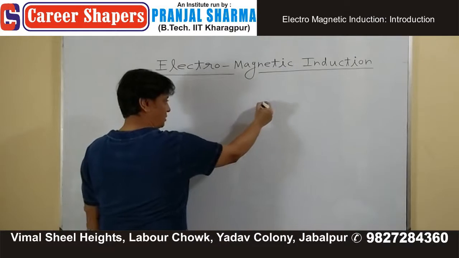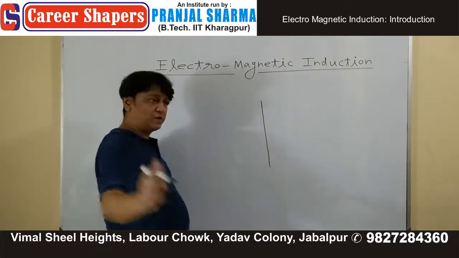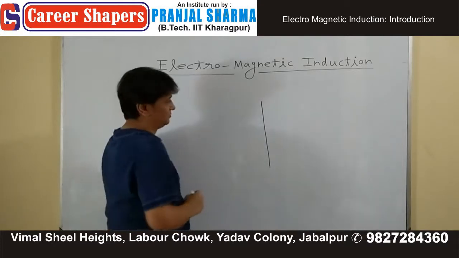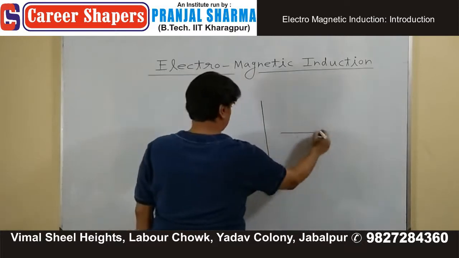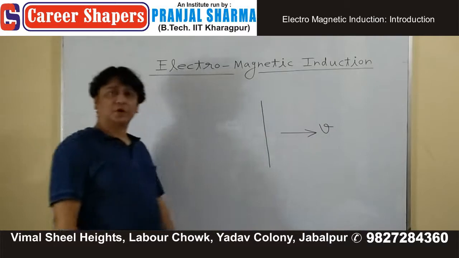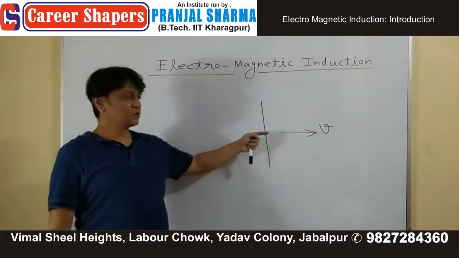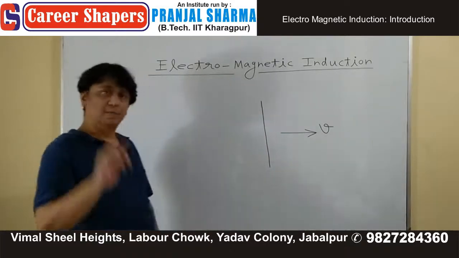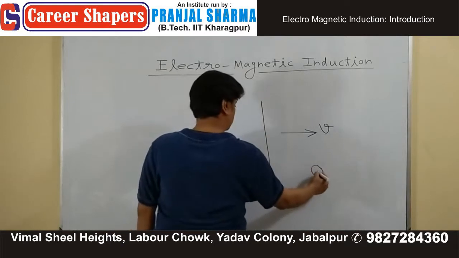Suppose we have a rod. You don't have to note down anything, just look at the figure. It's a rod and this rod is moving in this direction with velocity v. And in the entire region, a magnetic field is present which is pointing out like this.